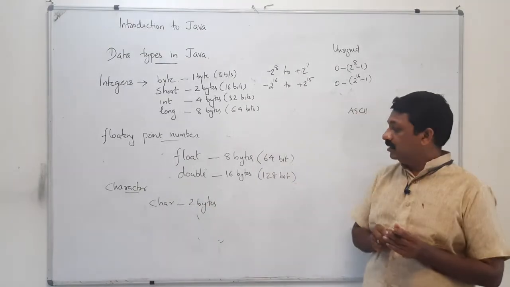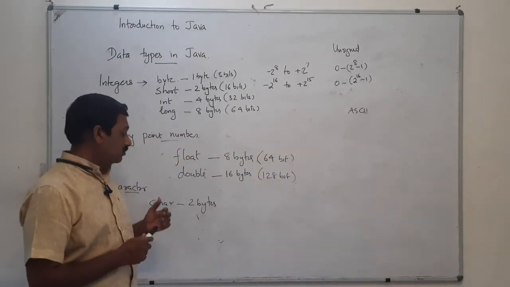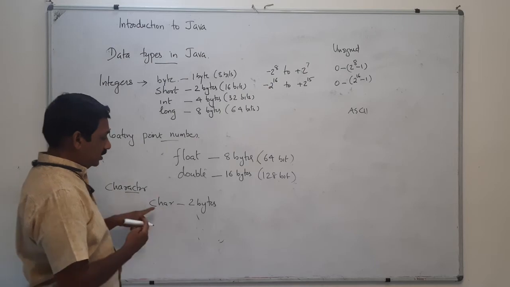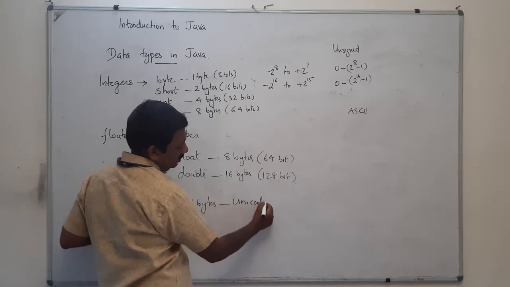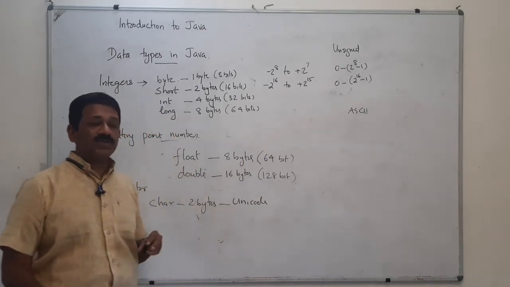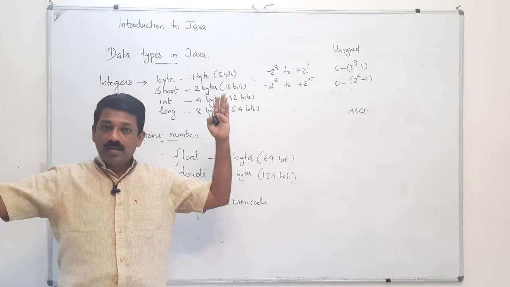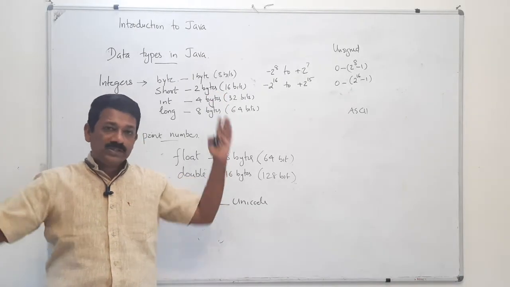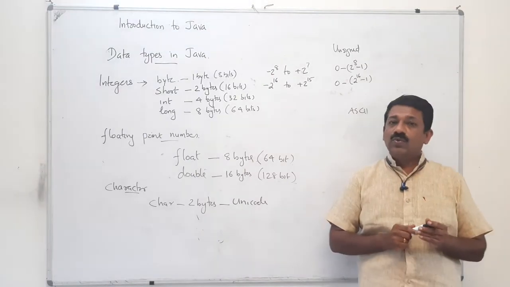But unlike other programming languages, in Java, these characters are encoded as Unicode characters. That means, for example, in Malayalam also a number of characters are there. All the symbols in almost all languages.